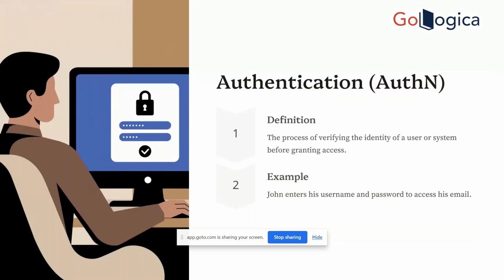Second terminology is authentication. Authentication basically defines the process of verifying the identity of the user or system before granting access. Before granting access, it is any activity to verify whether this person is that person or not. So we call it authentication. Like the same guy John enters his username and password to access his email address.